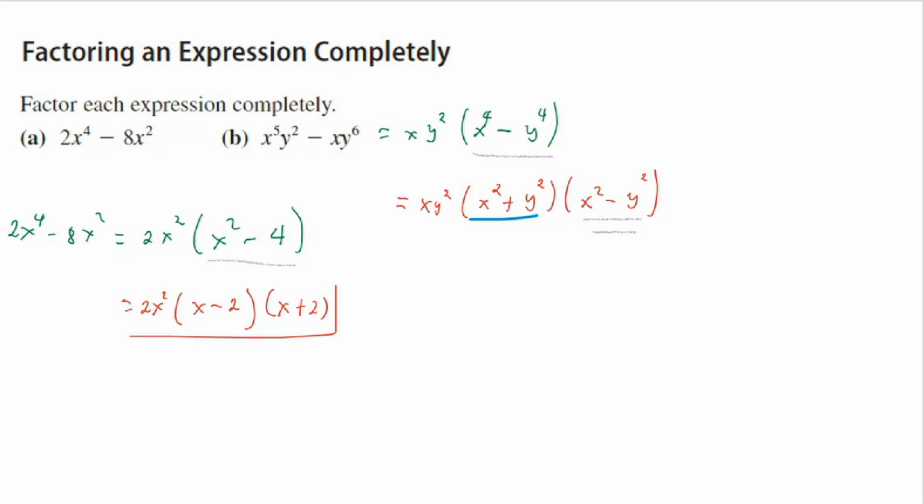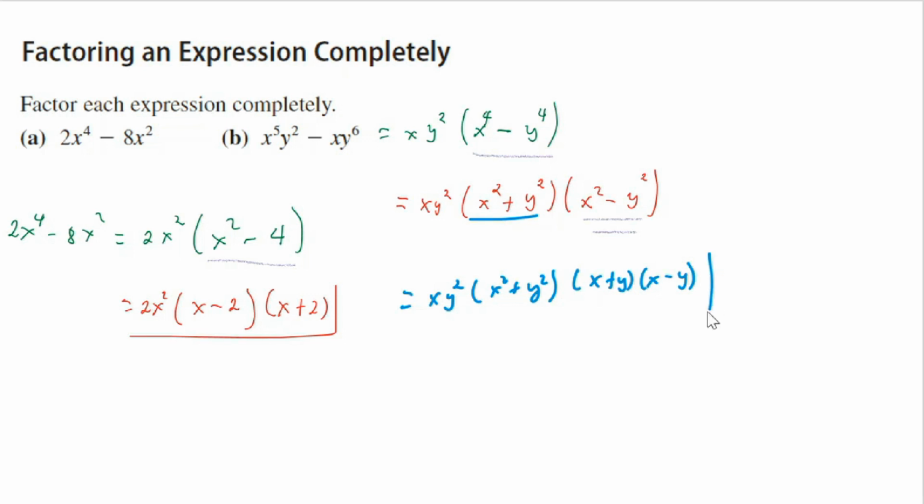So we have xy squared times x squared plus y squared. Take note, the sum of 2 squares is not factorable, but the sum of 2 cubes is factorable. And the factor of x squared minus y squared: the square root of x squared is x, the square root of y squared is y, so I will write x plus y and x minus y. Because the factor of the difference of 2 squares, as I've said earlier, is the product of the sum and difference of 2 terms.